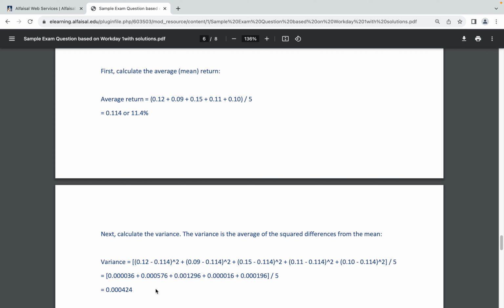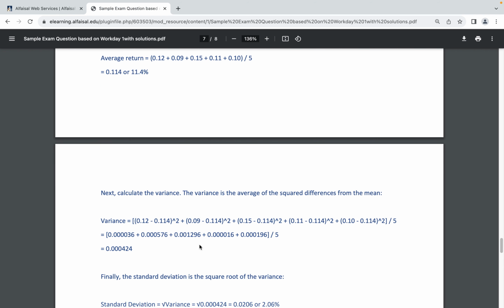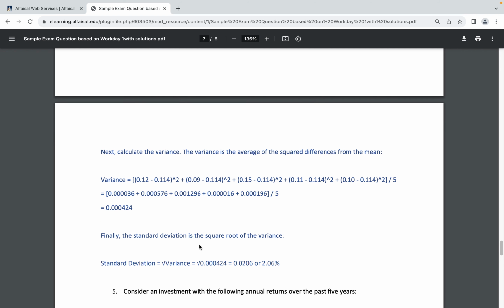And so we get a figure here which is 0.000424. Now that number doesn't really make any sense to us, so what we need to do is find the square root of that variance. By putting it through a square root function, we can see that it is 2.06%. So we have an expected return with a risk value of 2.06%.